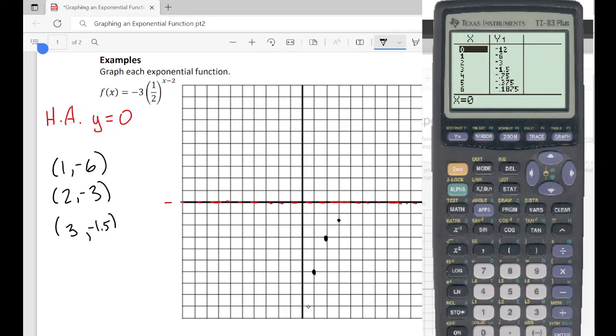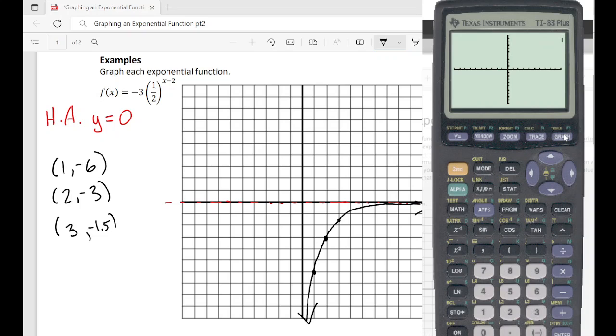So I'm going to just draw the curve like this, looking like that. And so I'm going to hit graph and see what it looks like, just to verify. Ooh. Looks pretty good. They both look the same in the same quadrant. So I'm happy with this. So here's a graph of this first function here.